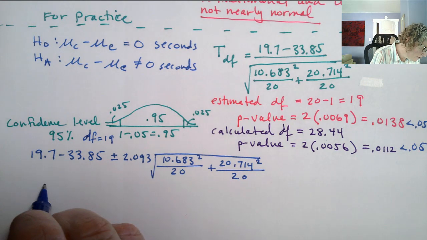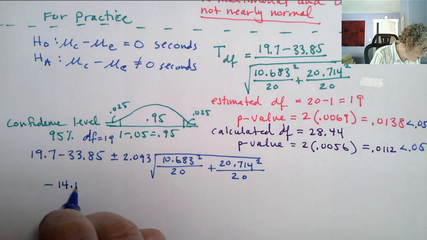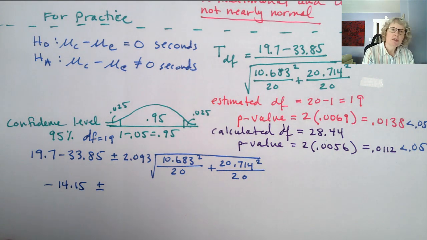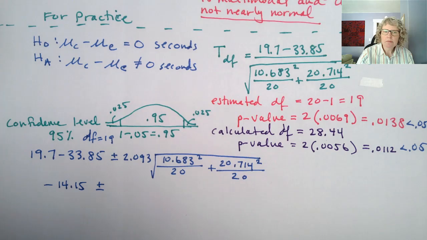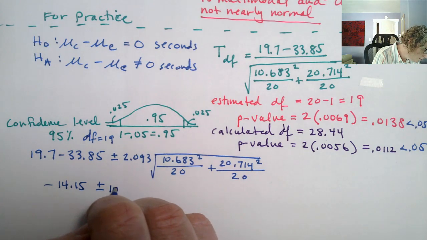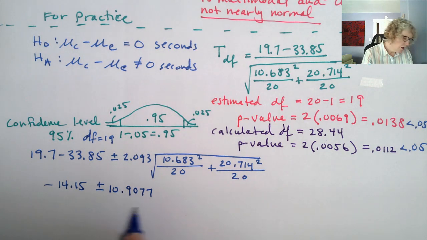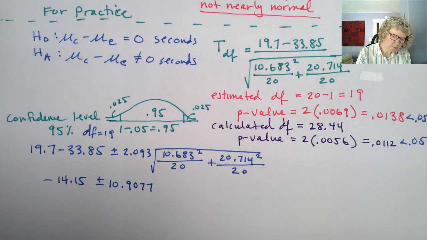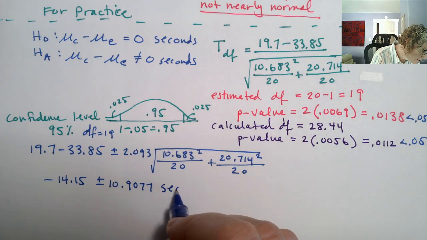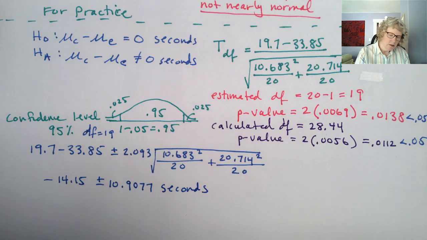So I remember that was negative 14.15 when we did it before, plus or minus 10.9077. And in our interpretation, we'll likely cut that down, but I just want to keep the 4 for now. Okay, and these are seconds.